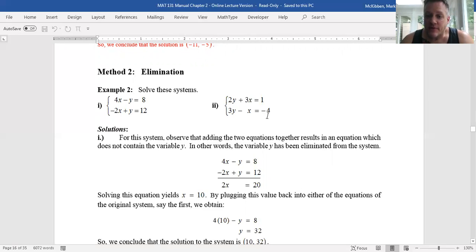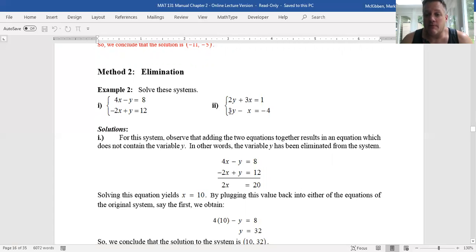All right. For this one, it's a little bit worse because I can't just add the lefts and add the rights. If I do that, one of the variables does not drop out, right? And so what you first have to do is multiply both sides, let's say, of this equation by just the right number so that when you do add them, a variable drops out.